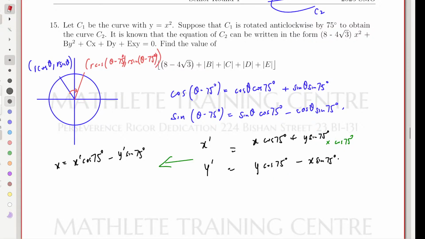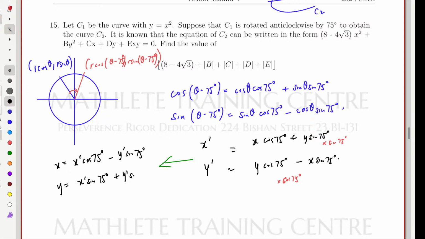The other case, to figure out y, you take the first one, multiply by sine of 75 degrees, take the second one, multiply by cosine of 75 degrees, and then, no, sorry, you add them. You add them, and you get y equals x prime sine of 75 degrees plus y prime cosine of 75 degrees.